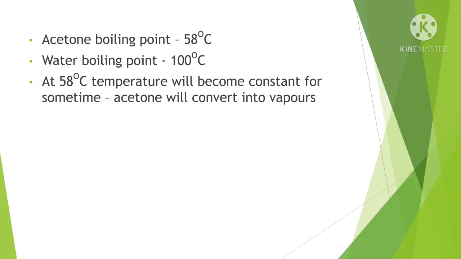If the temperature difference between the two miscible liquids is less than 25 Kelvin, then we can't use the simple distillation flask. Then we will use a fractionating column with the distillation flask.